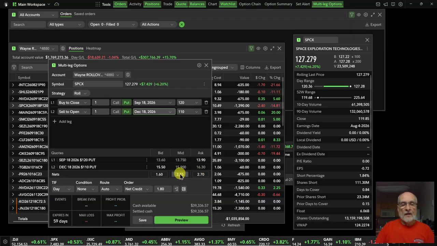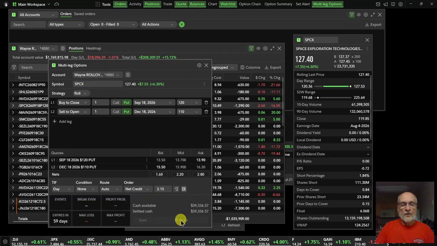So I'm going to click on the 215, and you're going to see this number here change. At this point, if I were to enter this contract, I would be moving the expiration date out from September 18th to December 18th. I would be lowering my contracted obligation by $1,000, and I would make about $215.